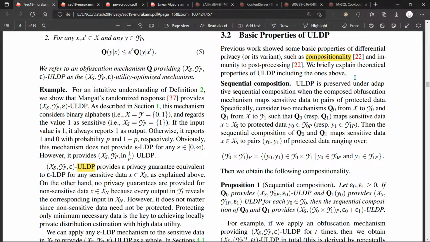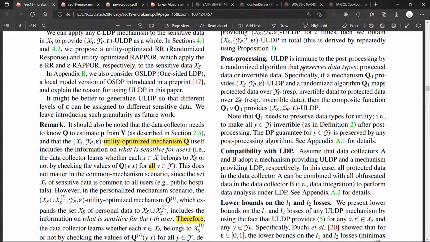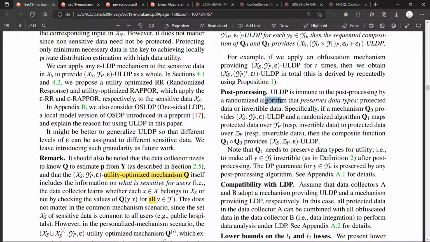The ones above. So, for example, this is the ULDP post-processing property. By using a randomized algorithm, right? So that both data types can be preserved.